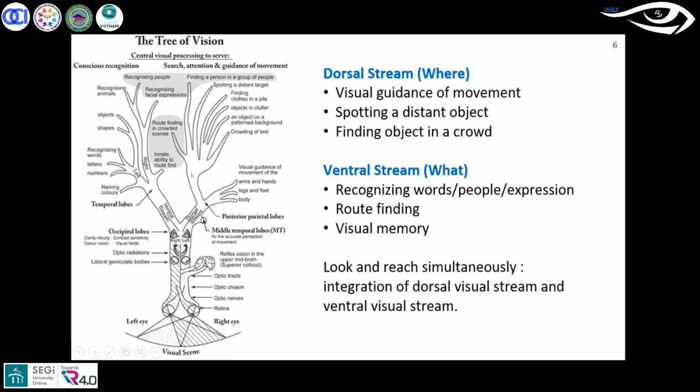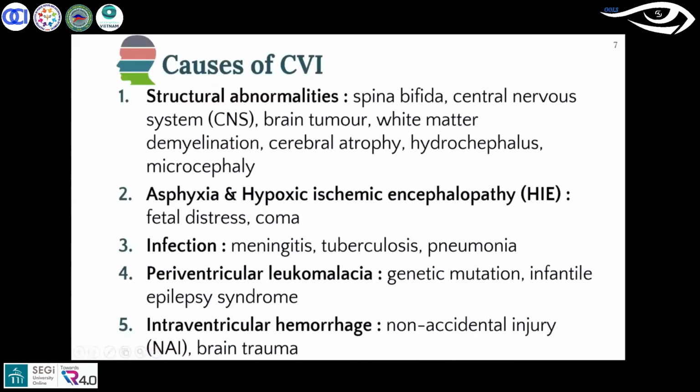Now, what are the causes of CVI? It needs to be sourced from these five main causes, and it must come from the neurology or the brain itself. First is any structural abnormality like spina bifida, CNS brain tumor, any demyelination of the white matter, cerebral atrophy, hydrocephalus, or microcephaly. Second is fetal distress or coma due to asphyxia or hypoxic ischemic encephalopathy.